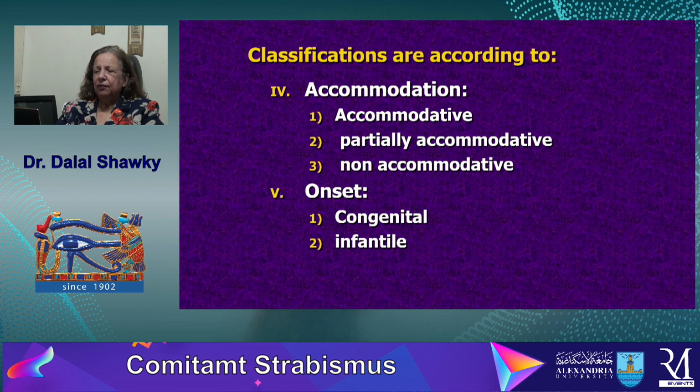Partially accommodative, that is the strabismus, partially corrected by glasses and still residual angle. And non-accommodative type, that is having no relation to accommodation. According to the onset, it might be congenital type, appearing within the first 6 months of life, or infantile type, appearing later on.